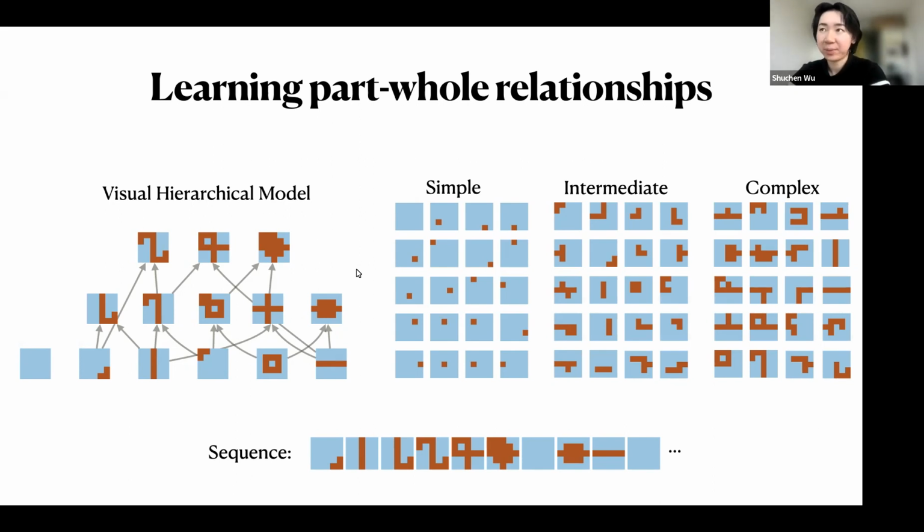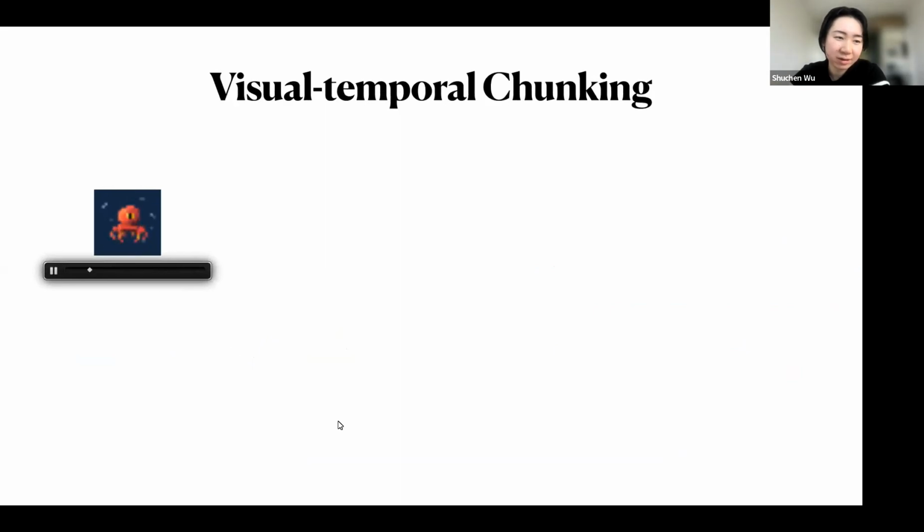Another experiment we did was to take it to visual temporal sequences. That is, sequences that exhibit not only spatial correlation but also correlation in time, just like real-world perceptual sequences. We term this visual temporal chunking. Basically, we have this GIF sequence of a squid swimming in the sea.